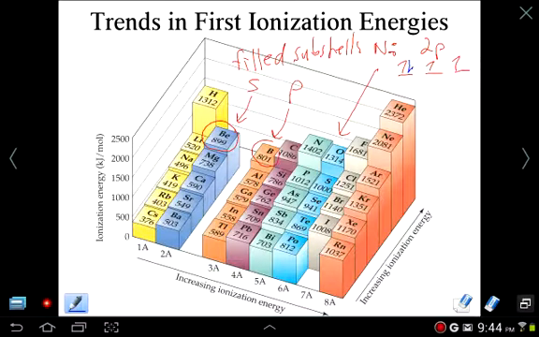So in general, this gives some support to our idea of subshells and orbitals and filling orbitals with electrons. This picture right here confirms our understanding of subshells and orbitals that we talked about in chapter 6. So chemistry wins again.